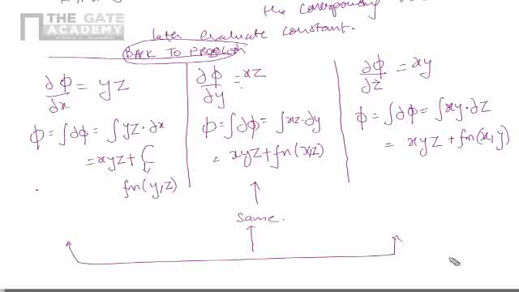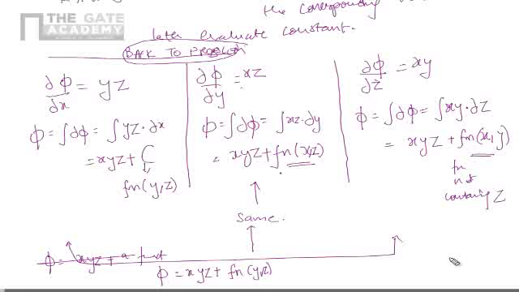That means what is φ? φ is going to be xyz plus a function. Let me write this clearly here. φ is nothing but xyz plus function of yz. It can be a function not involving x, function not involving y, function not involving z. Function of xy means function not containing z.